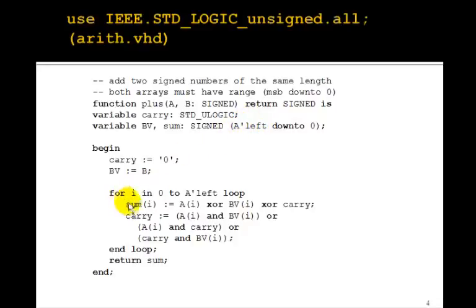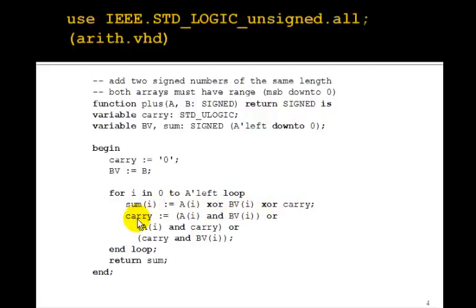And then they just have a for loop. For I in 0 to a'left, that's however many bits you have, sum sub I is A(I) exclusive ORed with B variable(I) exclusive ORed with the carry. Well, that's just our logic equation that we derived for the sum.